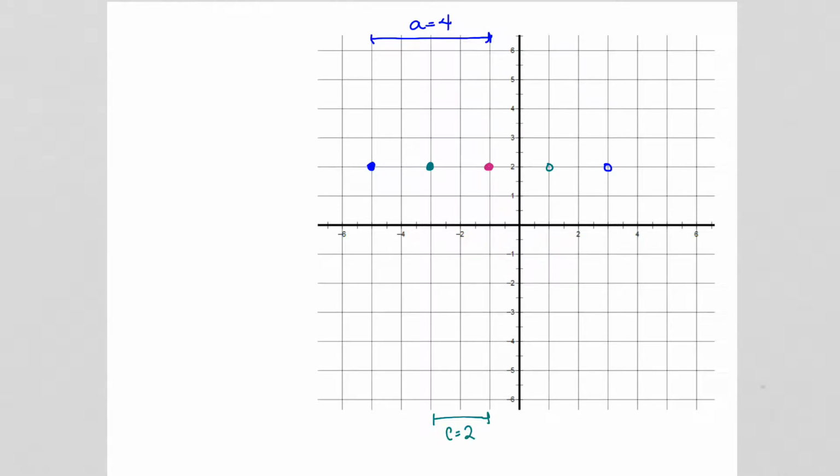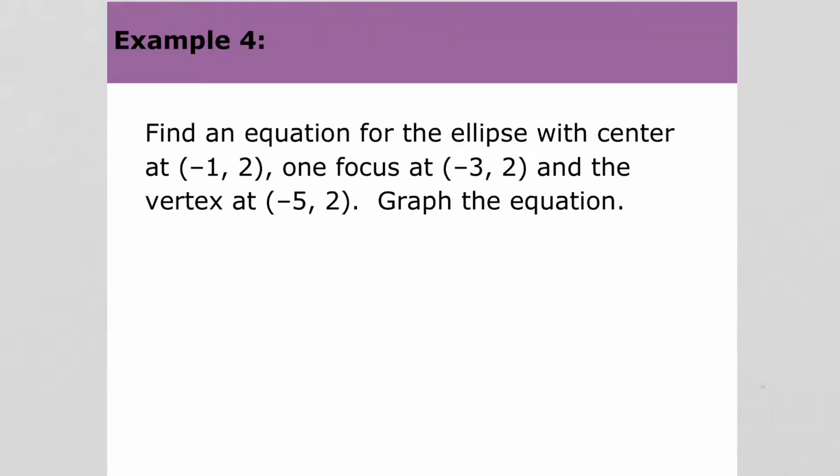Now, how do I know that this distance is A instead of B? Well, I know that because the foci are going to lie on the major axis. So that means that these vertices that we've got plotted here are also on the major axis. And the major axis uses A. So I know that I'm using the formula x minus h squared, with the x coming first because the major axis is horizontal.